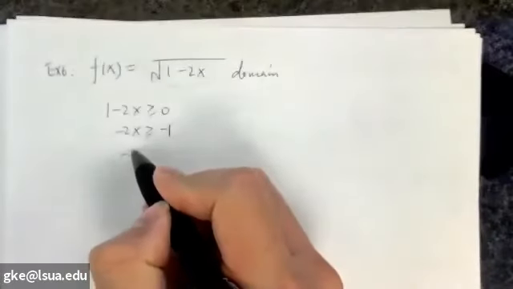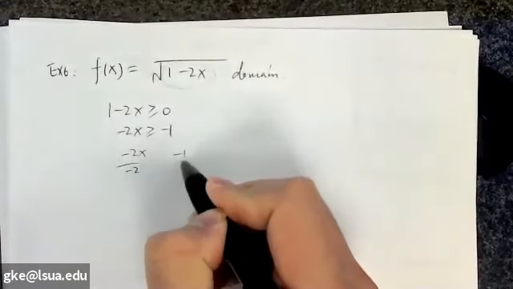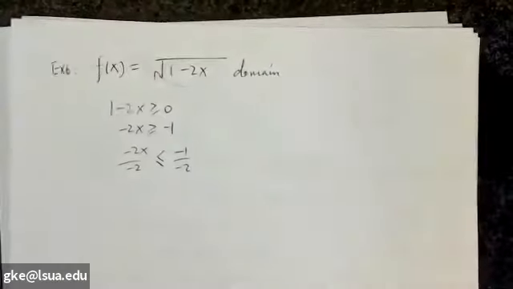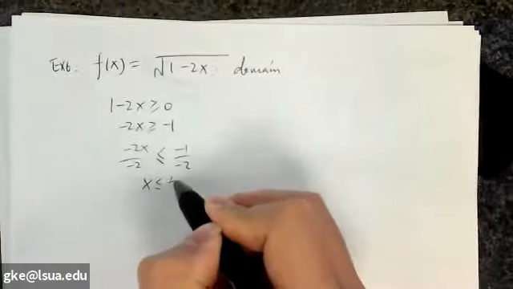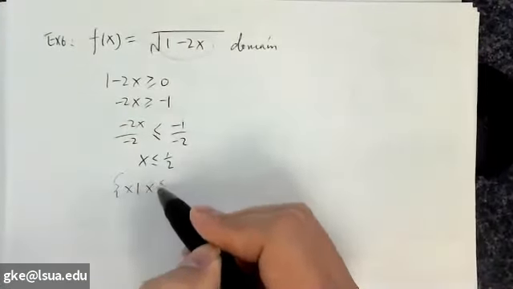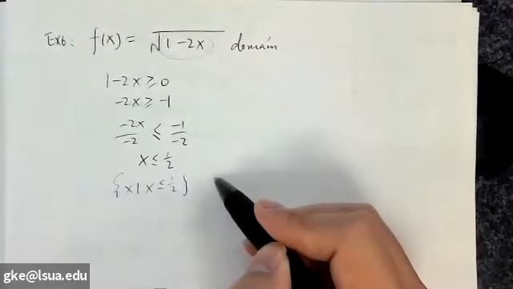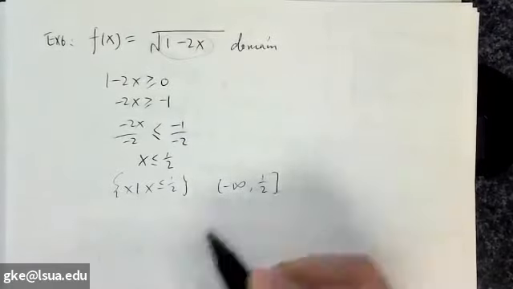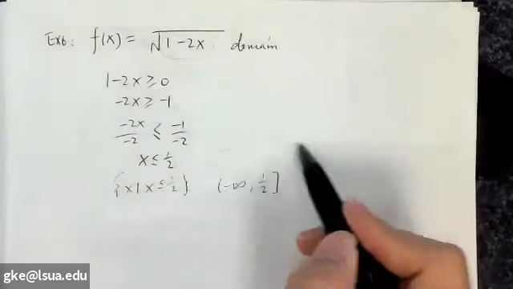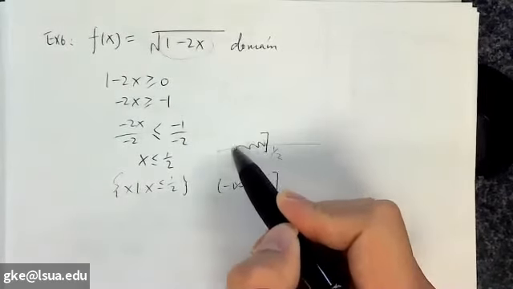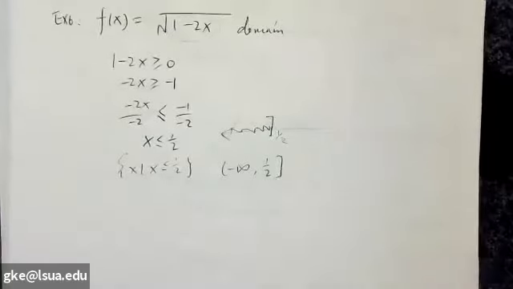Then divide by negative 2, and be careful, when you divide by a negative number, change the sign. Now draw the picture, please. It's like that. Okay, that's it.